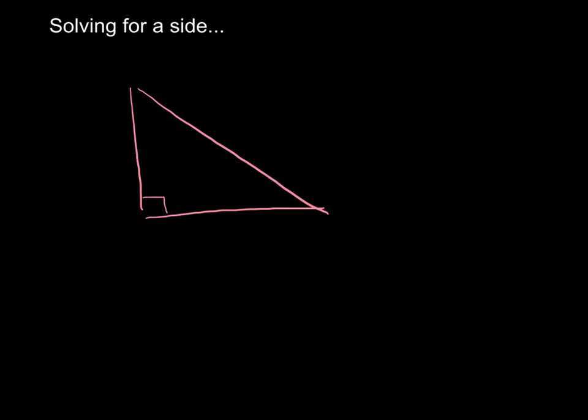So let's say this angle here is 32 degrees and that the hypotenuse measures 17 centimeters, and we are asked to find that leg. You'll notice that we are given the hypotenuse and we are asked to find the side opposite 32. So the trig ratio that has to do with the opposite side and the hypotenuse would be sine.